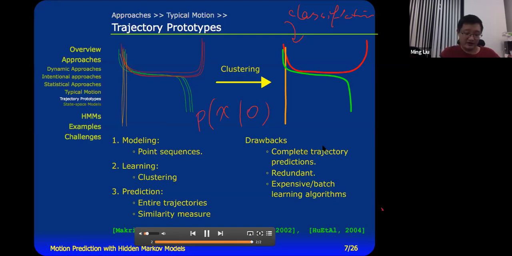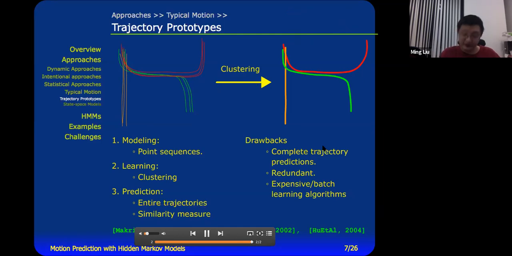So this X, in this case, previously it's like in a continuous space, a sample from continuous space. Now it becomes a classification problem. Right? I just don't know which road I'm taking. Then initially, this clustering you need to consider from the entire trajectory and similarity measure, and then merge them.